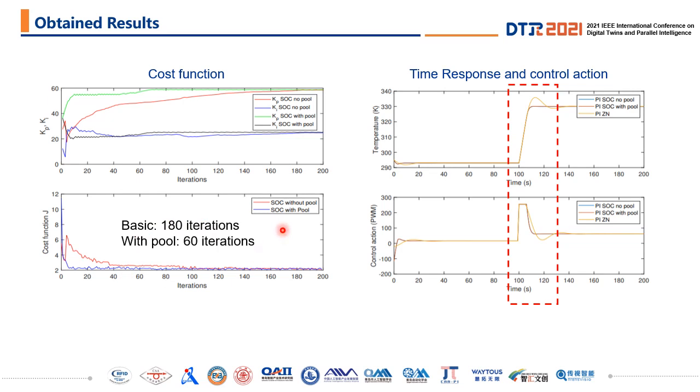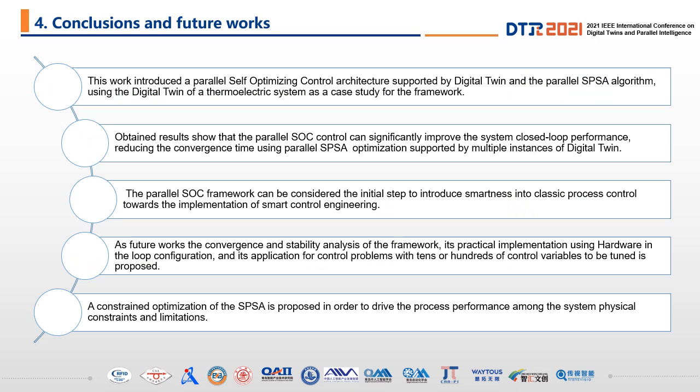If we use the parallel configuration, we can reduce substantially the time that we use to optimize the system, especially with this system that is pretty slow. Each iteration that you see here takes around 300 seconds to be executed. So this is a substantial reduction in the execution time.